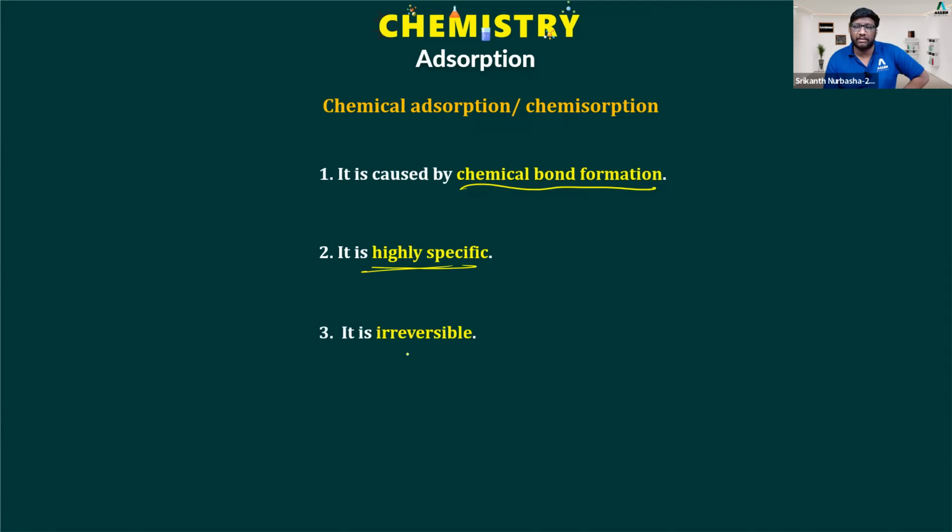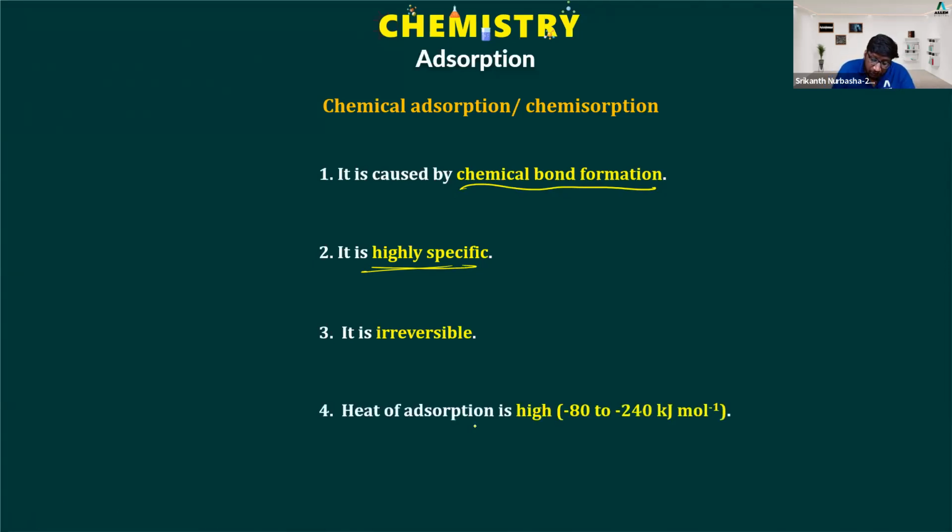It is irreversible. Once the old bonds have been broken and a new bond has been formed between the adsorbent and adsorbate, there is no assurance that we can break this new chemical bond and generate the reactants back. So it is irreversible. Heat of adsorption is high, -80 to -240, as I have told you.